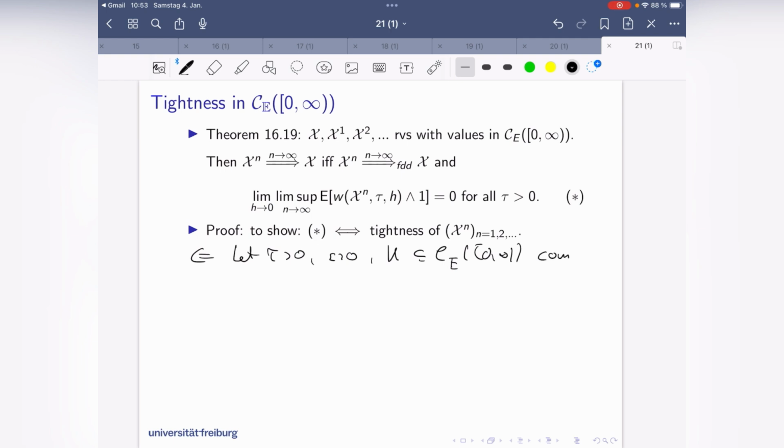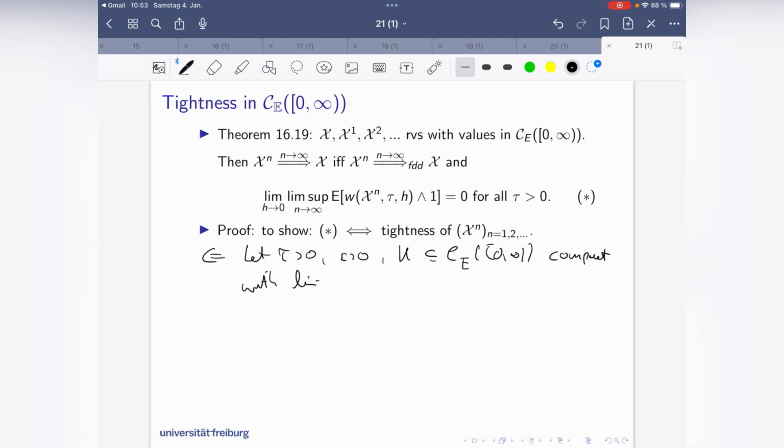Compact, with, well, as usual in tightness, I need lim sup as n goes to infinity of the probability that the n-th stochastic process is not in my compact set is at most epsilon.